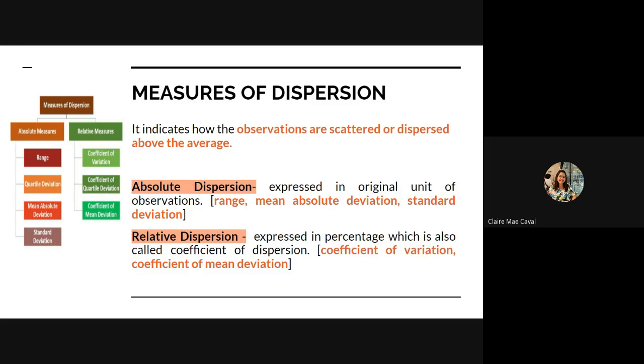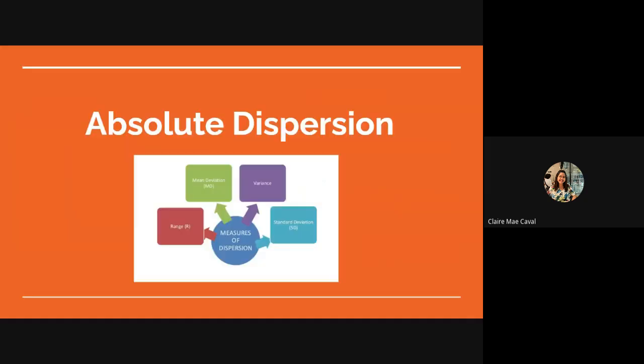Measures of dispersion under relative dispersion include coefficient of variation, coefficient of mean deviation, and coefficient of quartile deviation. Again, the two types are absolute dispersion and relative dispersion. Let us first focus this discussion on absolute measures of dispersion: the range, mean absolute deviation, variance, and standard deviation.